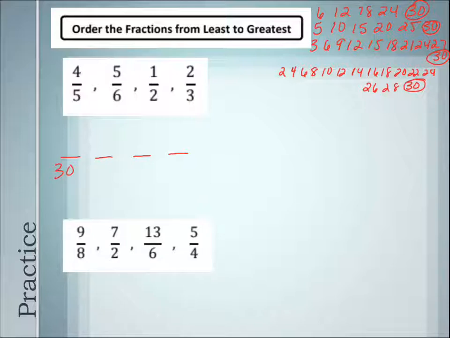So I'm going to have 4 equivalent fractions, all that have 30 in the denominator. I can multiply 5 times 6 and get 30.